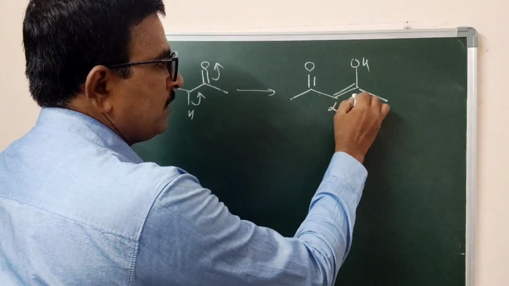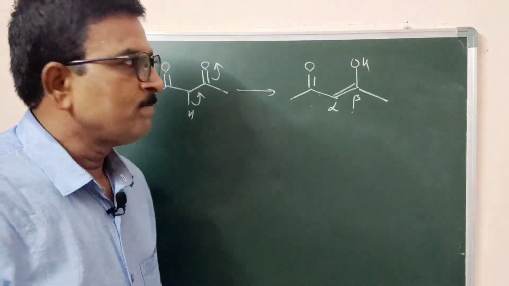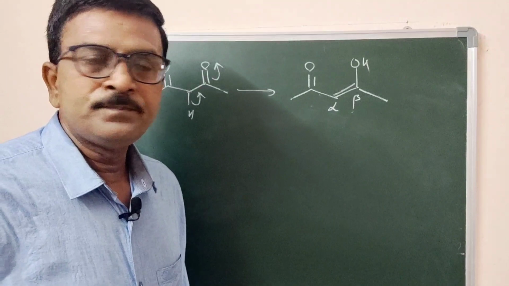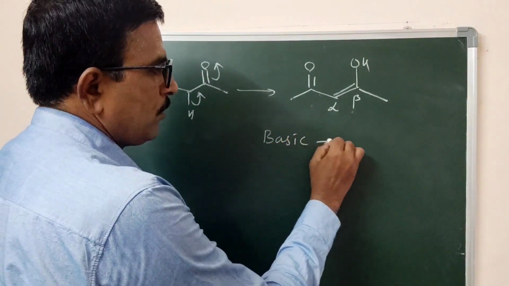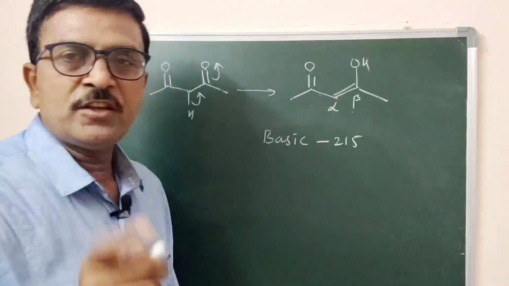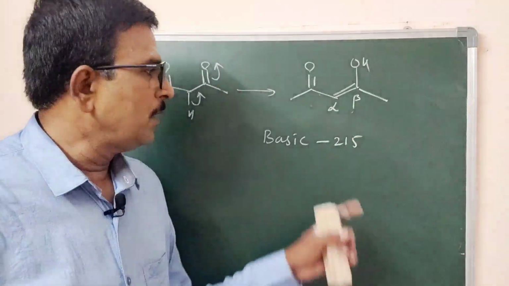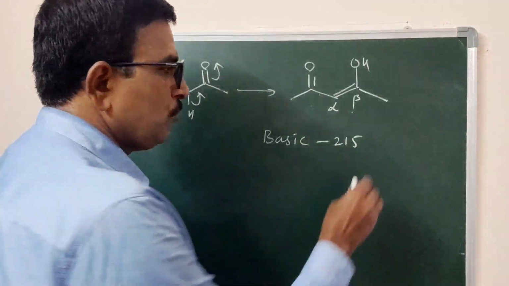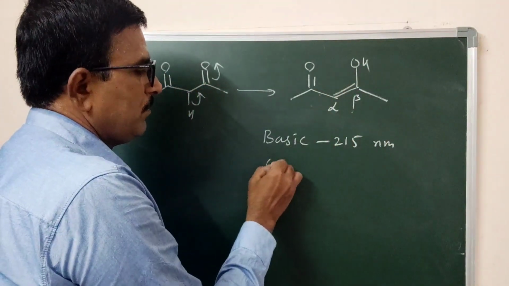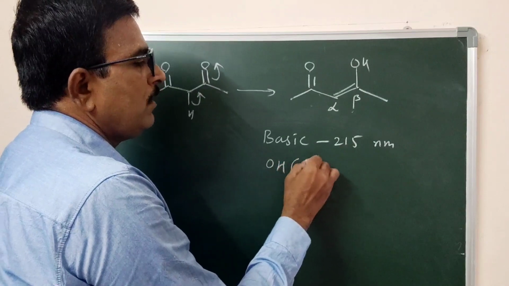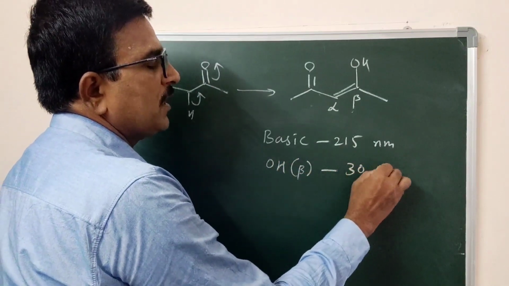This is alpha, this is beta carbon. Now it is acyclic ketone, basic value 250 nanometer. Both 6-membered ketone and acyclic ketone have the same basic value, that is 250 nanometer. Now OH group is on beta carbon, its contribution is only 30 nanometer.